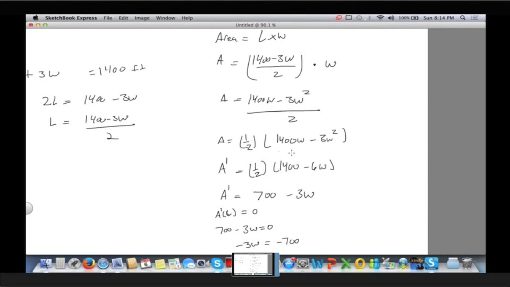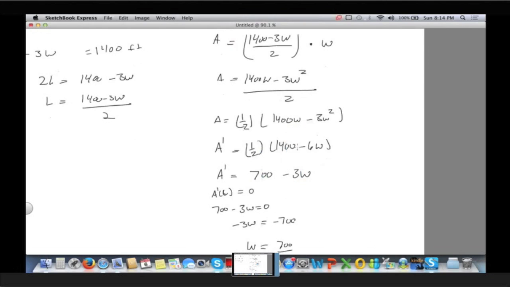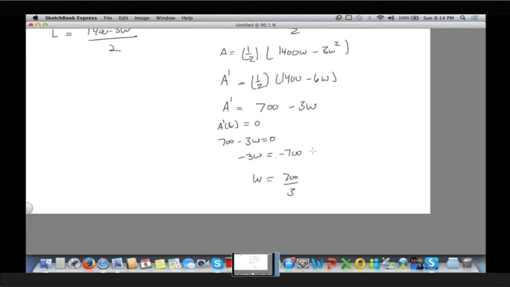I pulled out 1/2, and I have my constant and my polynomial. I have the derivative of the inside of this, and then 1400 minus 6W, so W is 700 over 3. Set it. Okay, we're good.